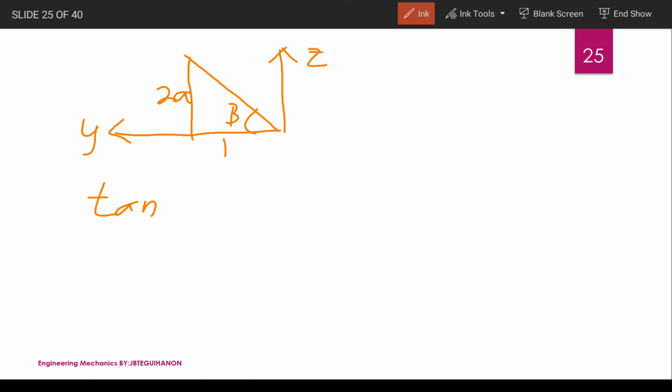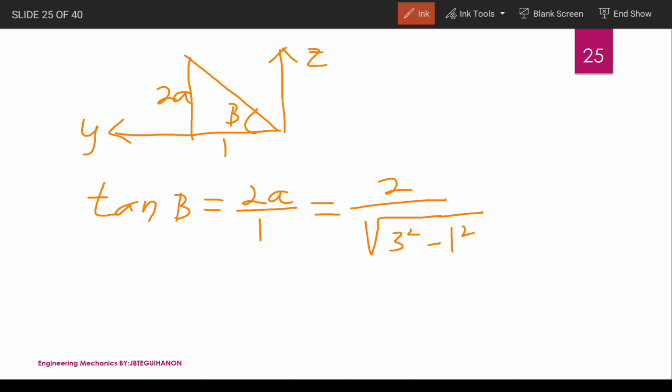So, ang tangent mo, beta, that is equal to opposite side, 2A over L. And that's going to be equal to 2 over square root of 3 square minus L square. That is approximately equal to beta is equal to 35.3 degrees.